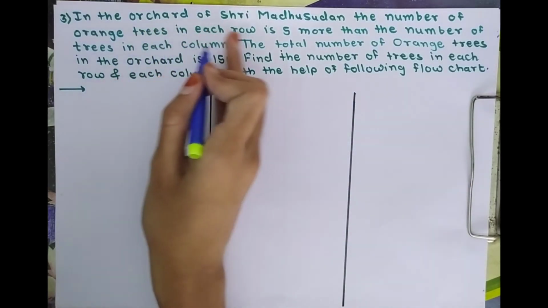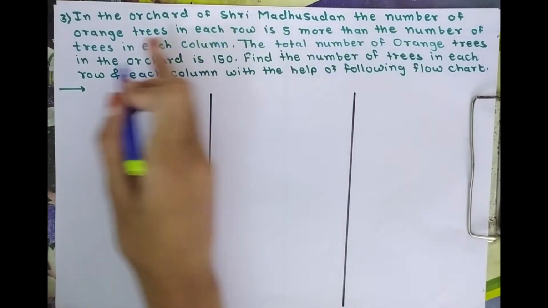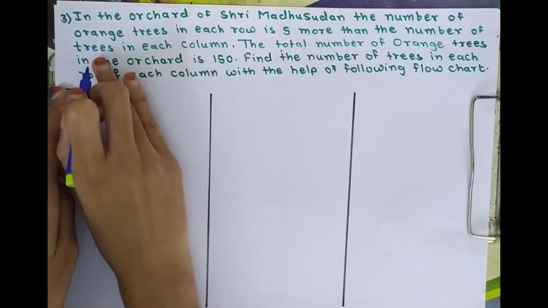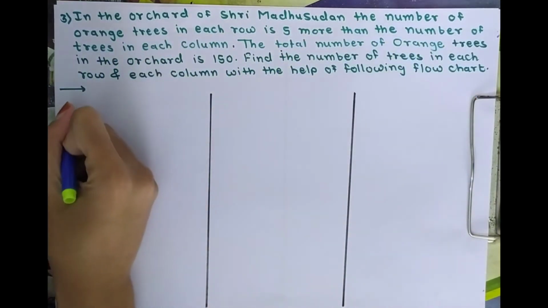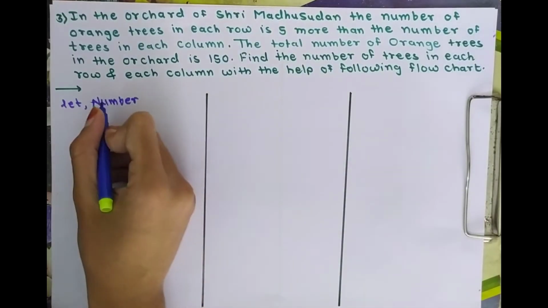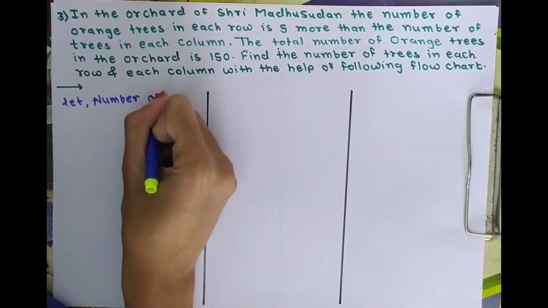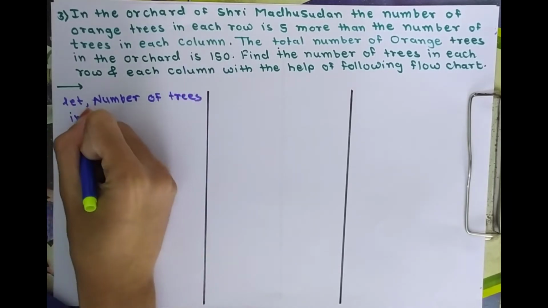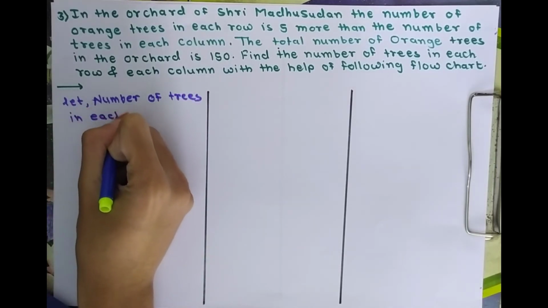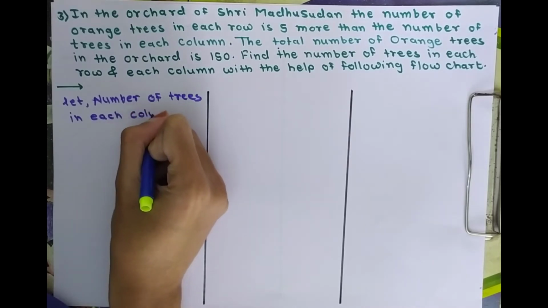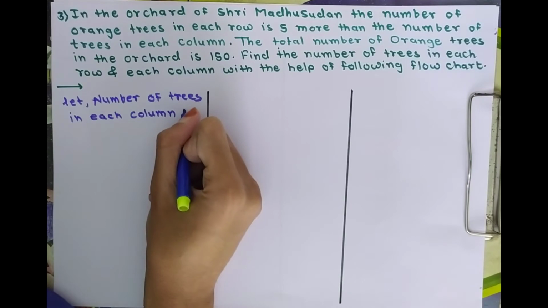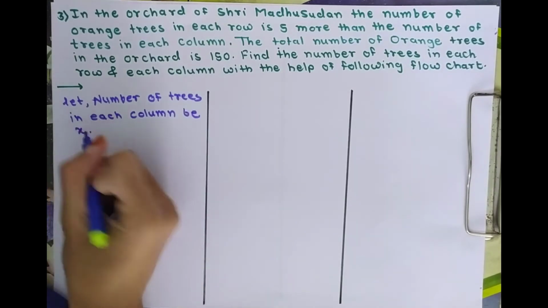So in the orchard of Shri Madhusudan, the number of orange trees in each row is 5 more than the number of trees. So first let the number of trees in each column be x.